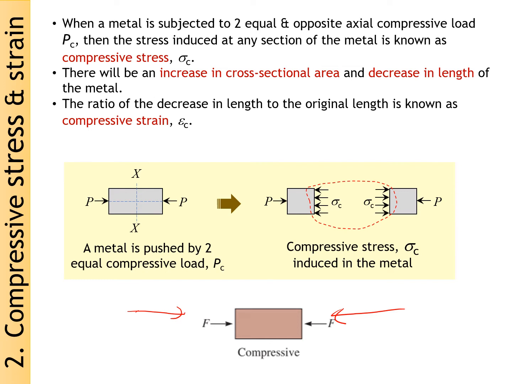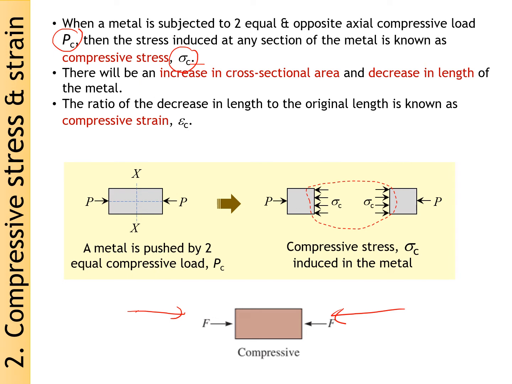Here the force in compression is denoted by P_C, and the stress induced at any section of the metal, also known as the compressive stress, is denoted by sigma_C.